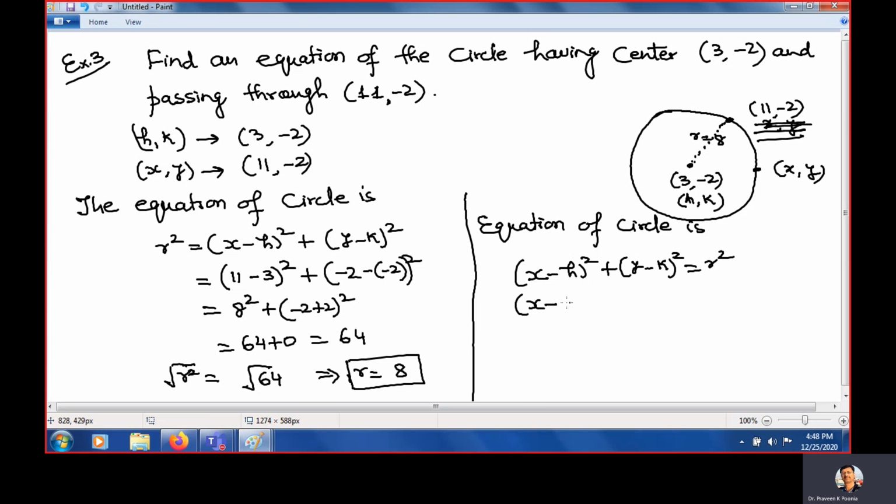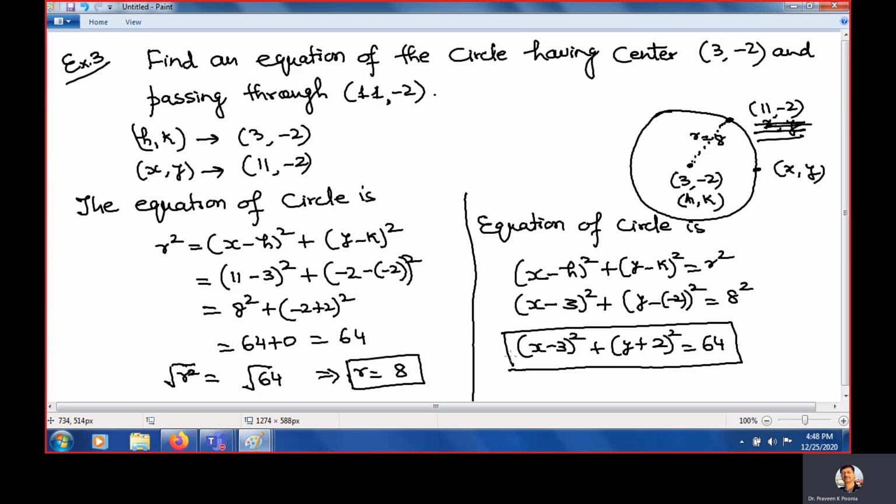So it is (x minus 3) power 2 plus (y plus 2) power 2 is equal to 8 power 2, which is 64.